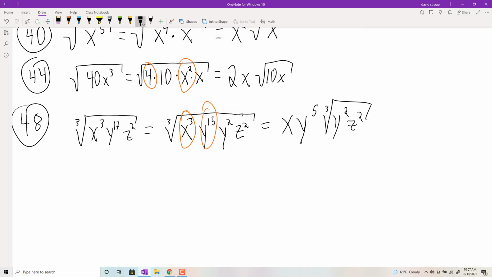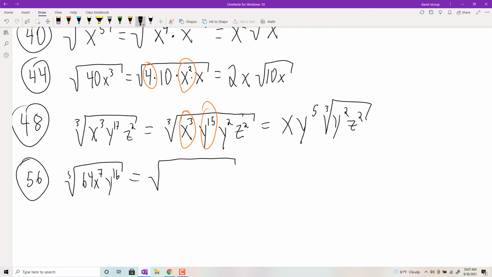Okay, let's try one more. And then we'll kind of work with multiplying and then simplifying. Okay, so here we have the 5th root of 64 x to the 7th y to the 16th. Again, I'm looking for perfect fifths. So what is 64?